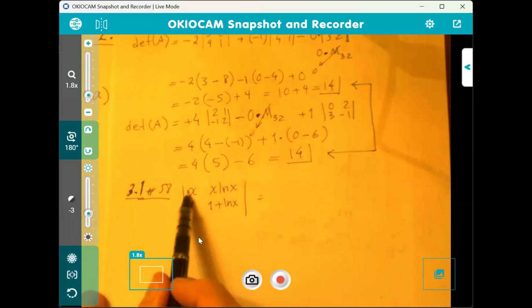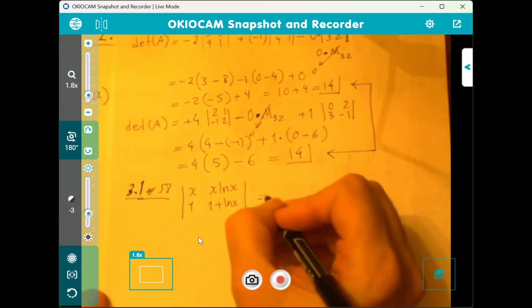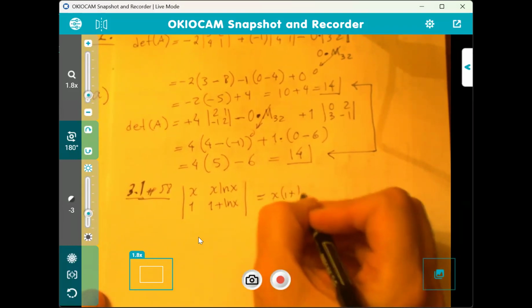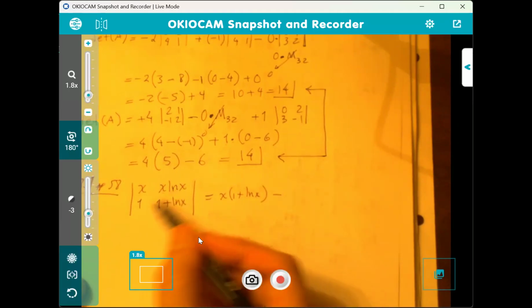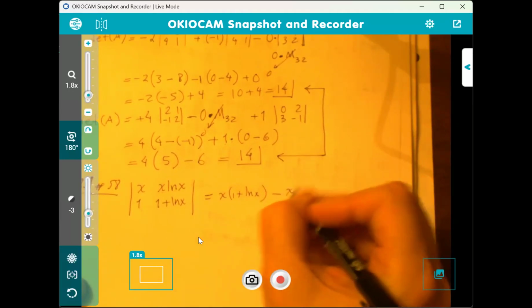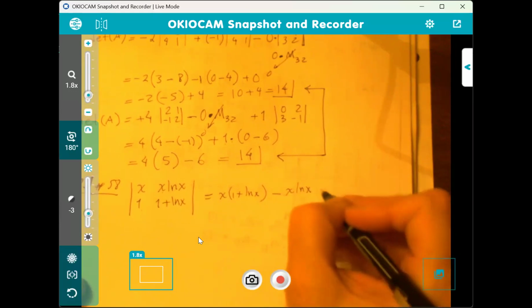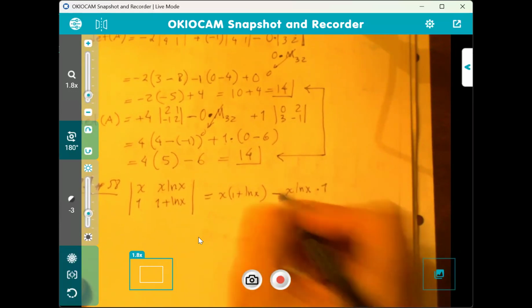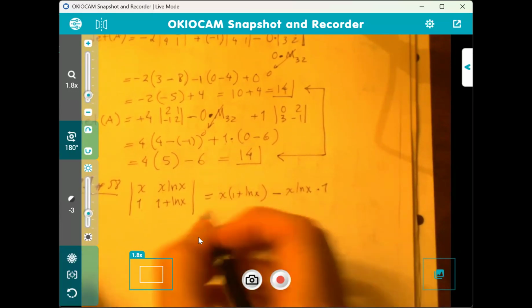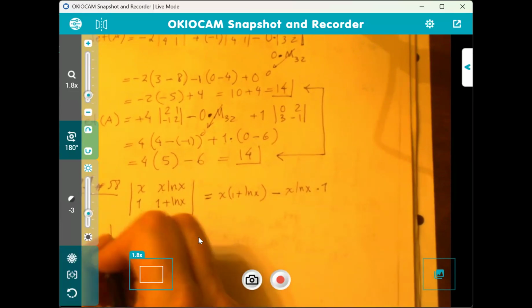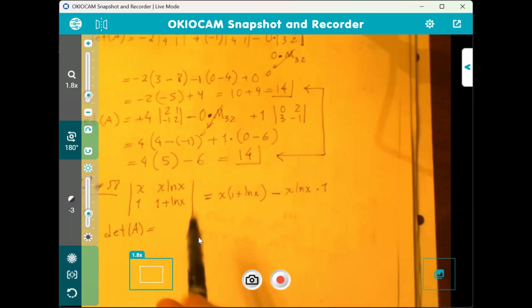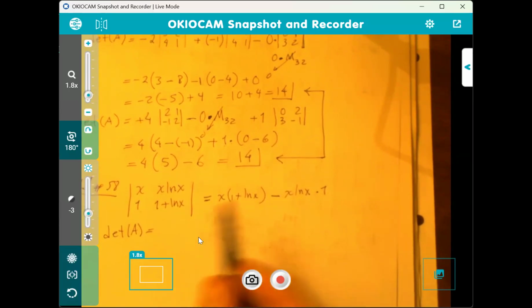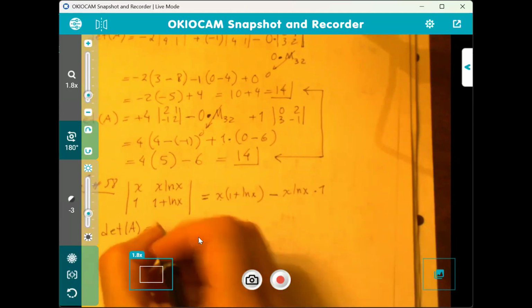The 2 by 2, we're going to multiply x times 1 plus ln x minus x ln x times 1 times 1. Now, don't set it equal to 0, okay? We don't want to do that. We just want to find the determinant. So determinant of matrix A is. And at this point, really, all I can do is distribute x, right?